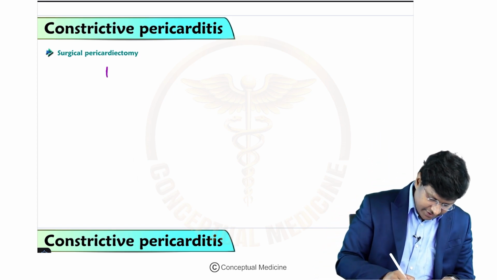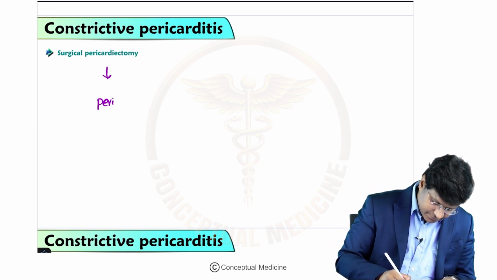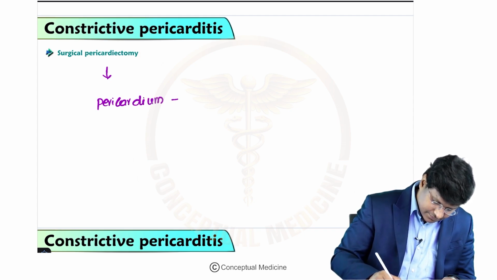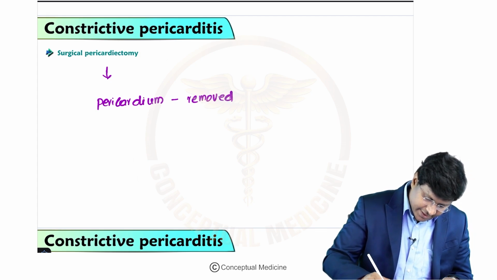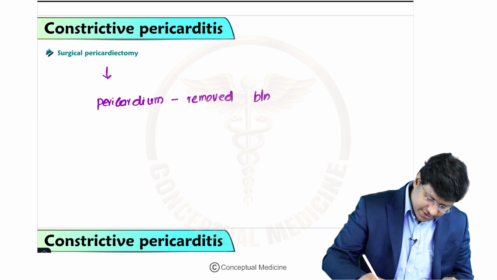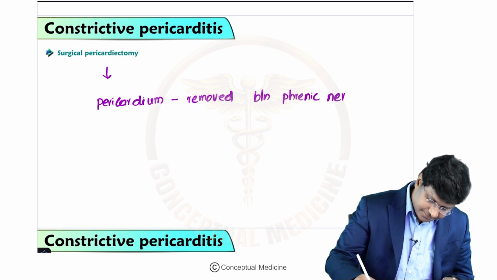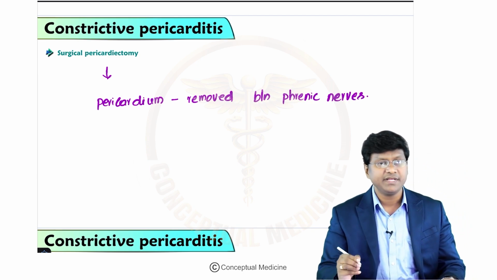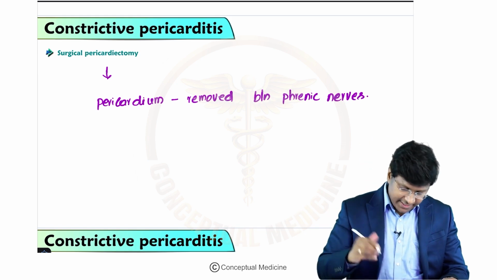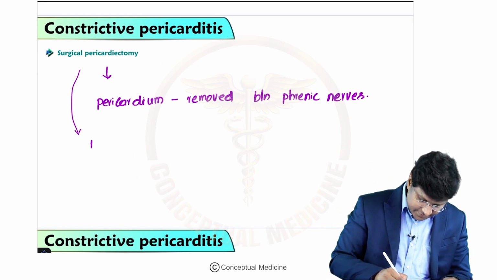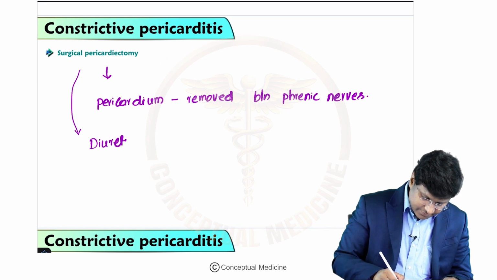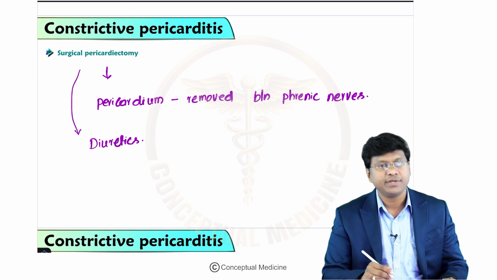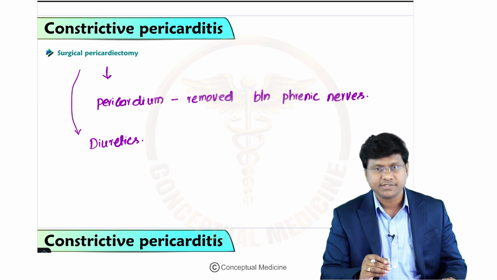The part of the pericardium that is removed is the one which is present in between the phrenic nerves. But even after doing pericardiectomy, you need to give diuretics.